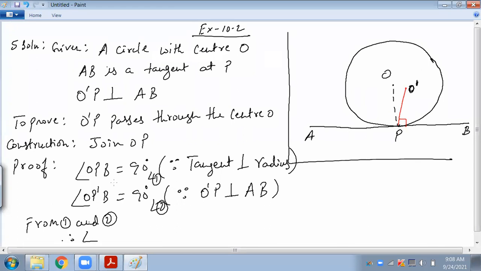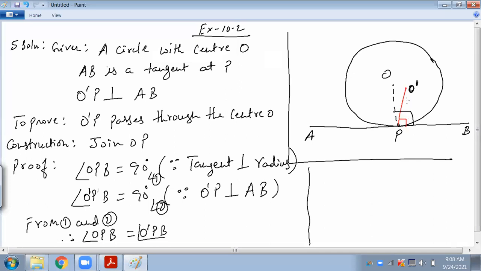Therefore, both are equal to 90. That means they will be equal: angle OPB equals angle O'PB. So we're getting O'PB equal to OPB, these two angles equal.